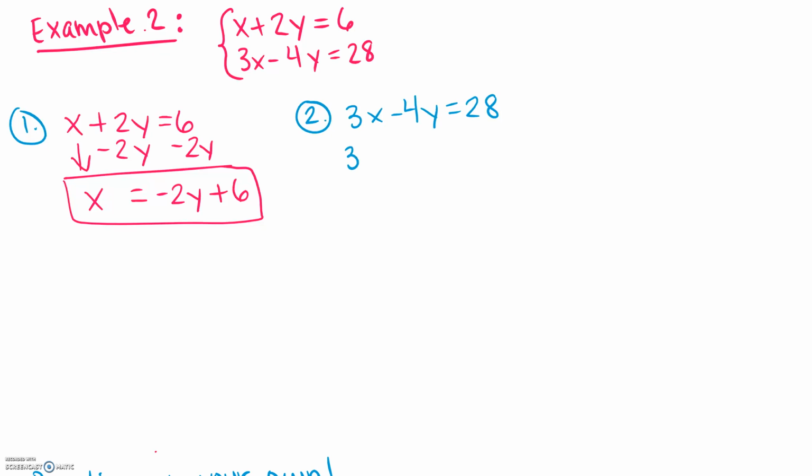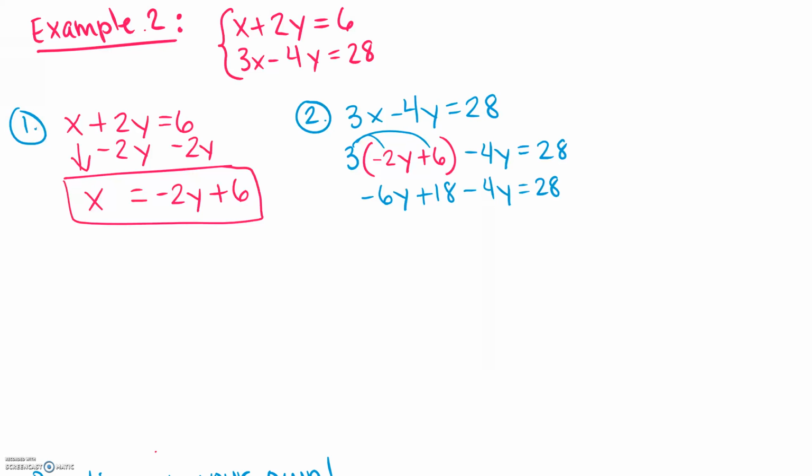So I have 3 times negative 2y plus 6, minus 4y equals 28. With that, we now have to use the distributive property. 3 times negative 2 is negative 6y. 3 times 6 is 18, minus 4y equals 28.